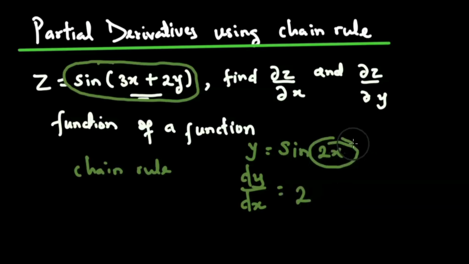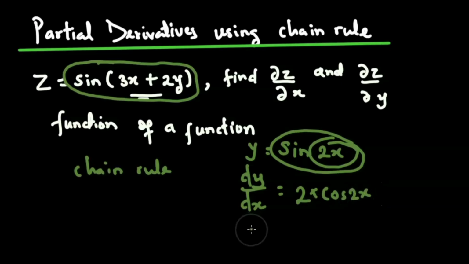And then I differentiate the outer function as a single function. Whenever I differentiate sine, you have cos, so I'm going to have cos 2x. So the derivative is 2 cos 2x. And that is exactly what I'm going to be doing here.